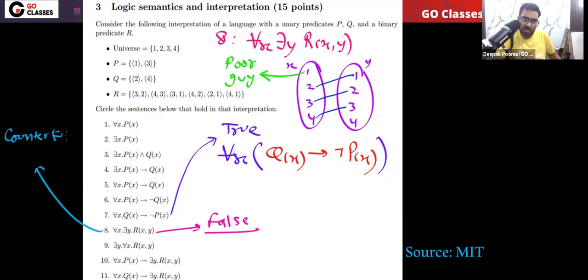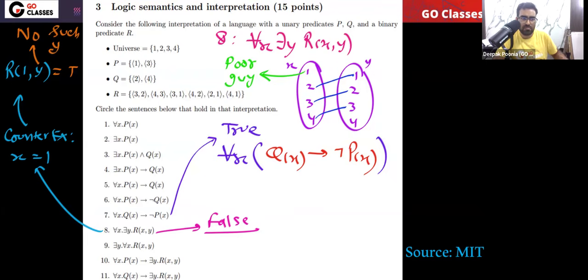If I take R(1, something) here, then there is no such y that makes it true. So this is the whole point. Finally I can say the eighth statement is false.